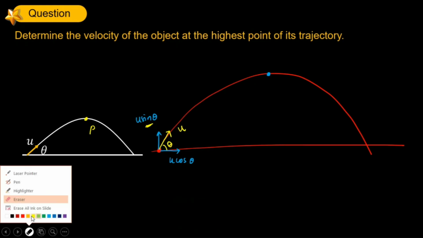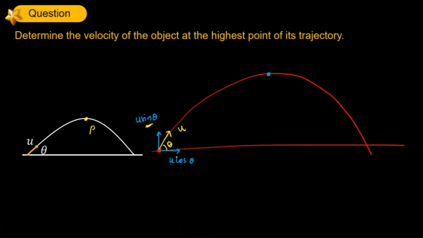Now let's try to understand how the velocity changes. If you look at the u cos theta, we always know that it keeps on moving ahead, moving forward like that. But if you talk about the u sine theta, it is maximum at the time of launch.